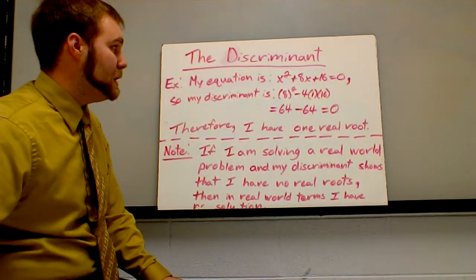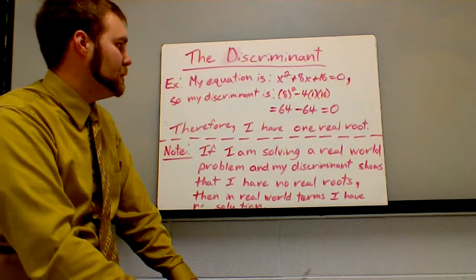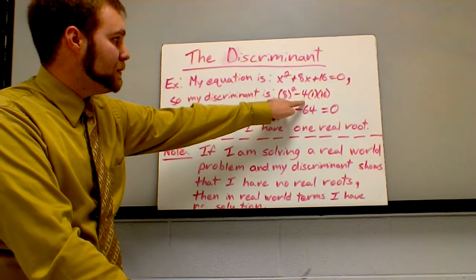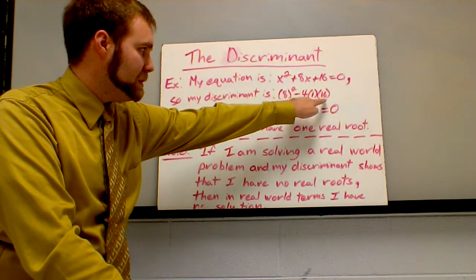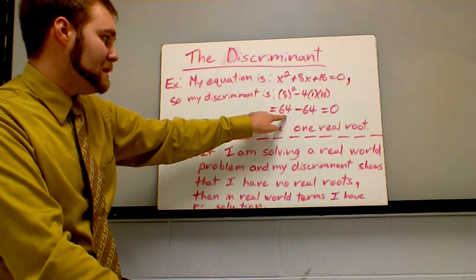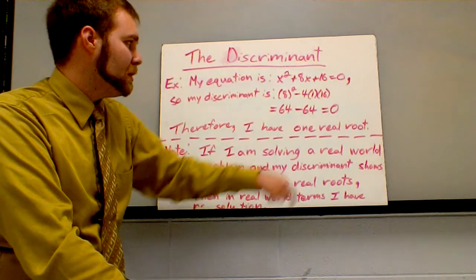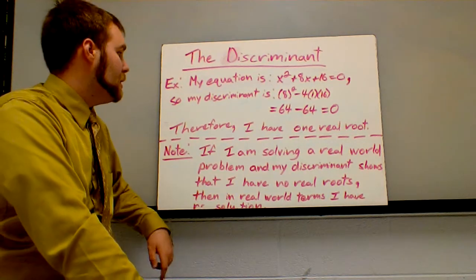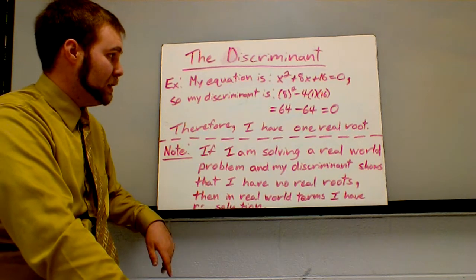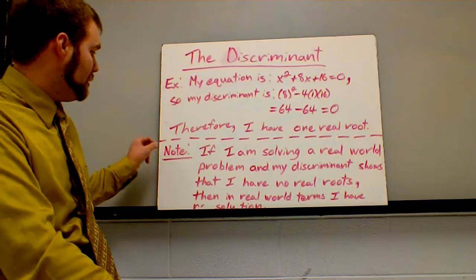That's what my discriminant is, just everything under the square root. So in this case, that's 8 squared minus 4 times 1 times 16. All this simplifies down to 64 minus 64 equals 0. So we can say that I have 1 real root, given my rules of what I'm getting out here.